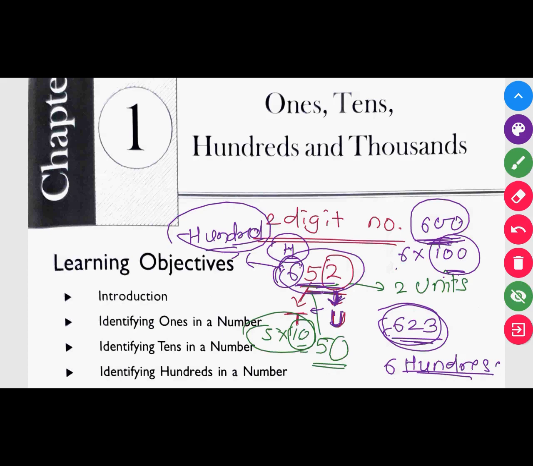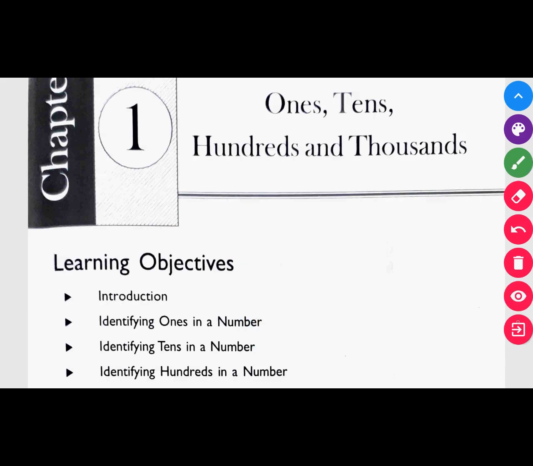After that, moving left, the tens position is there and then the hundreds position, and after hundreds on the left side there is the thousands position. So thousand means the fourth place of any number.